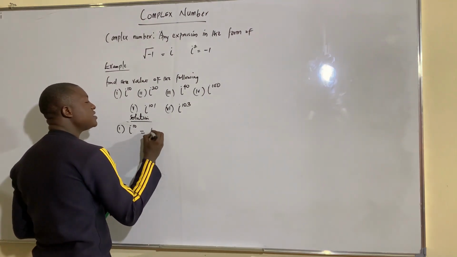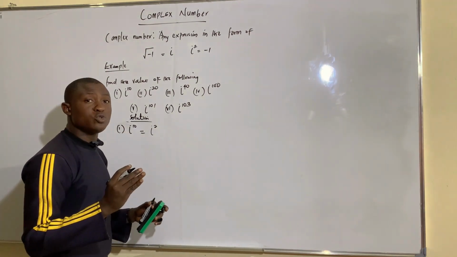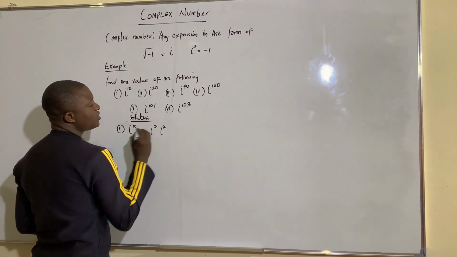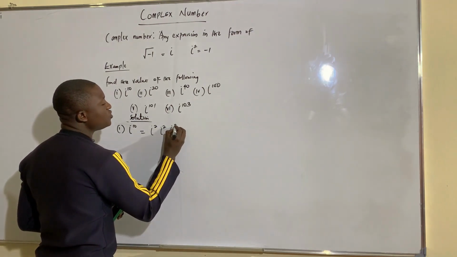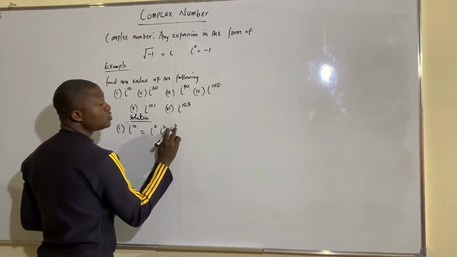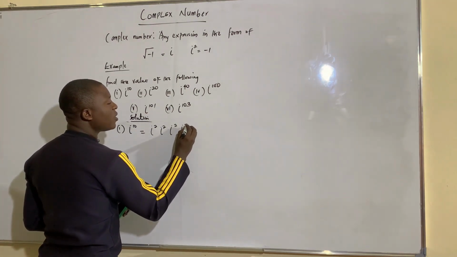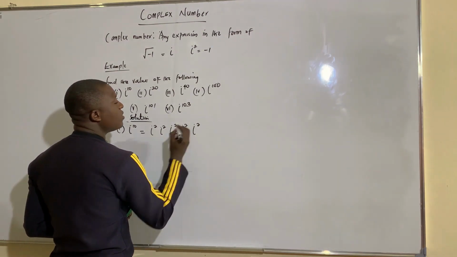Now I can say this is the same thing as i^2. I want to break it down to the lowest term so that you can get it better. i raised to the power of 2, i raised to the power of 2, you know, 2 plus 2 now will give us 4. i raised to the power of 2, that is 2 plus 2 plus 2. That one is what? Yeah, 6. Now again, i raised to the power of 2. That one is what? Yeah, that is 8. Then i raised to the power of 2.